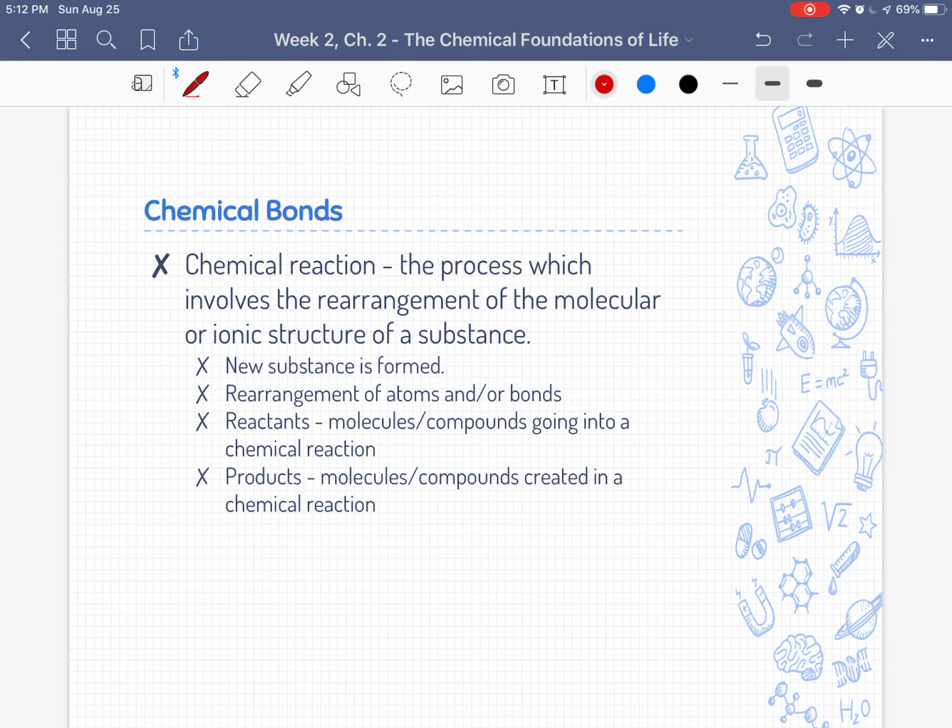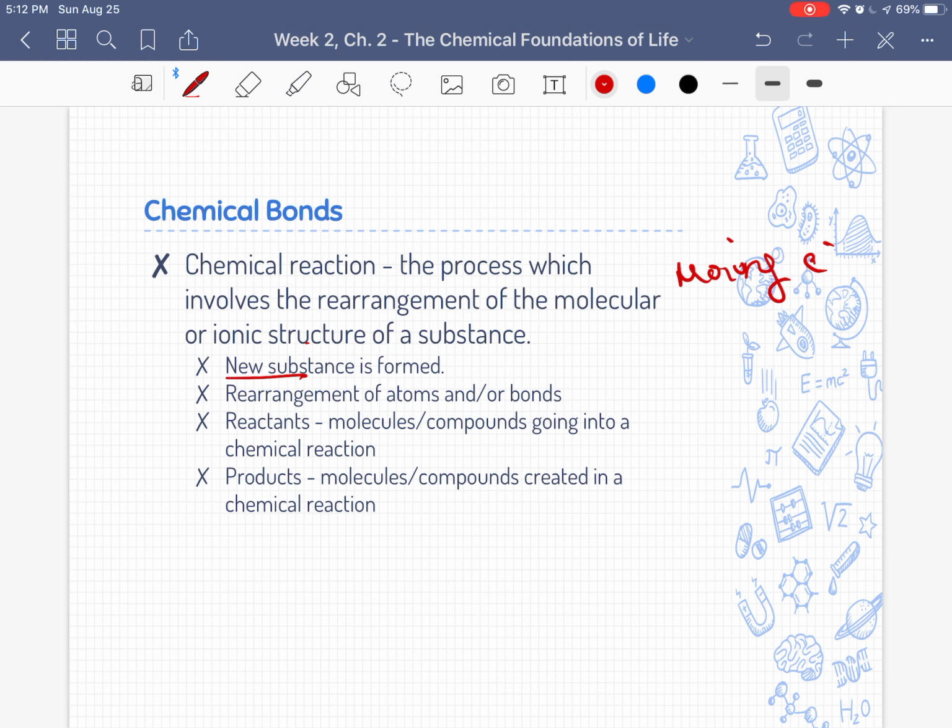During the chemical reaction or during the formation of a bond, we are rearranging the molecular or ionic structure of the substance. So we are moving electrons. We are rearranging the way they interact. New substances are formed.